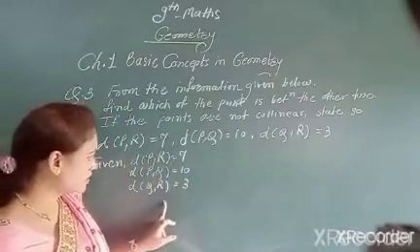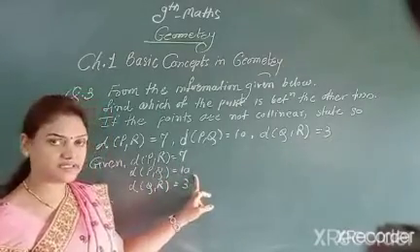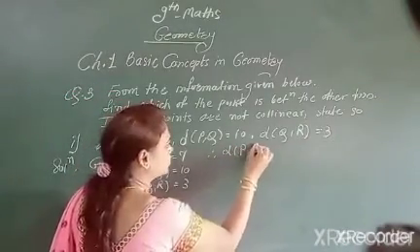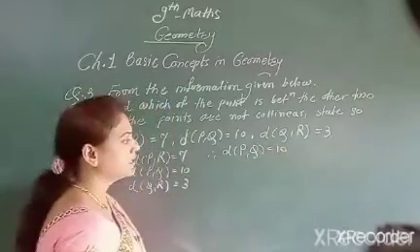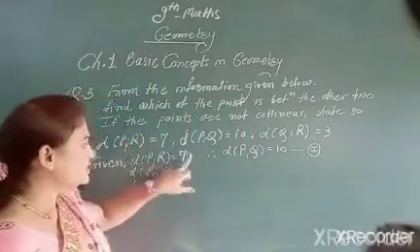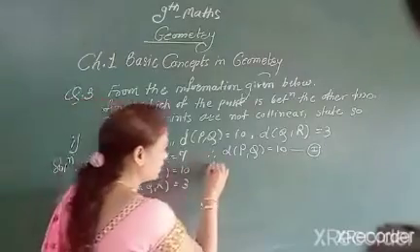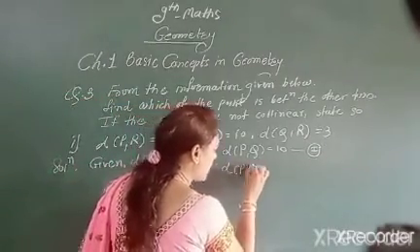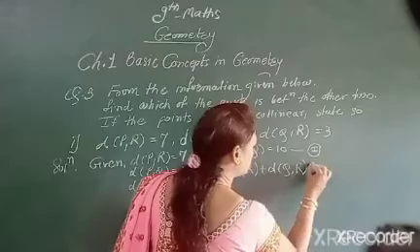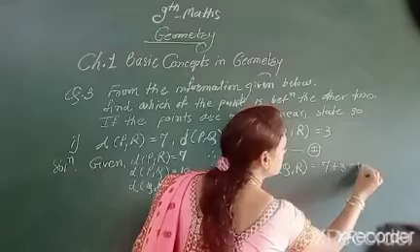By observing these three distances, first find which is the greatest distance. Here PQ is the greatest distance. Therefore distance PQ is equal to 10. This is our first equation. Then distance PR is 7 and distance QR is equal to 3. The addition of these two distances, distance PR plus distance QR, is equal to 7 plus 3, which is 10.